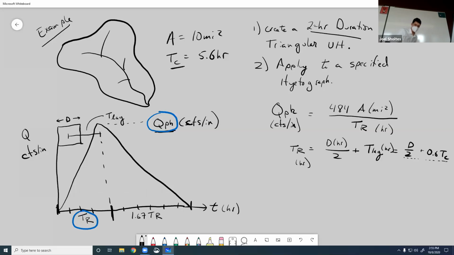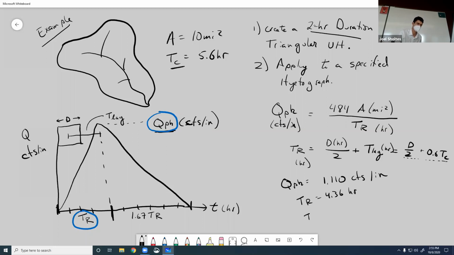All right, so what do we get for Q peak? Per inch, right? Per inch of runoff. And then what do we get for TR? Okay.